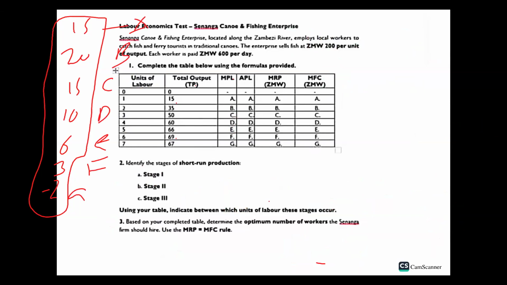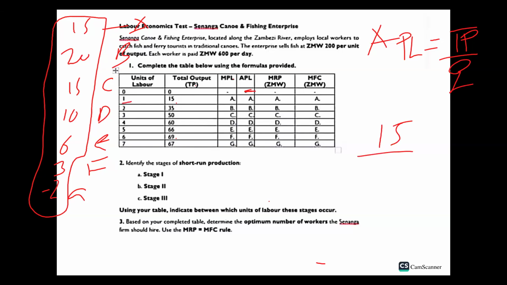We go to APL, average product of labor. This is given by total product divided by output, right? The first one will be left, but when you go to A, total product is 15 divided by 1.